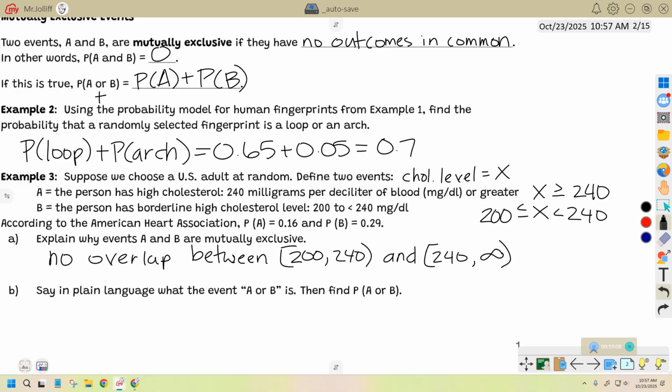There's no overlap between those two regions, and I can tell because of those brackets. I know round means empty circle, not included. Square means included. If you forget that notation, writing what we wrote up here is also sufficient. But in some way indicate you know those numbers don't overlap. 240 is in one group but not the other.